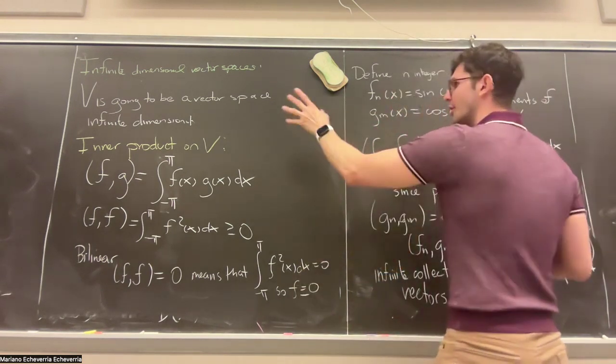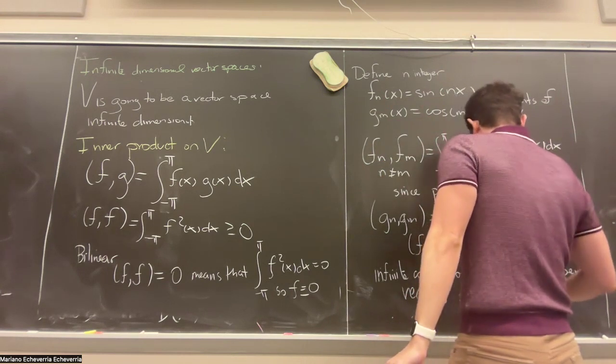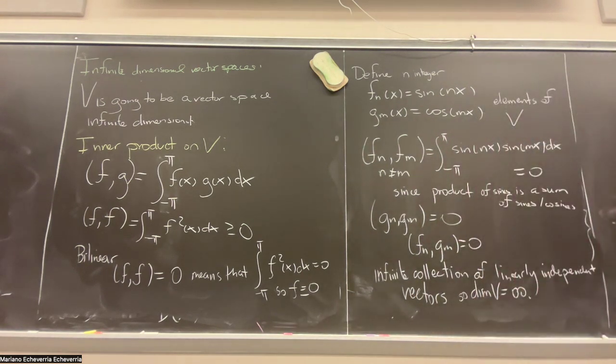So the dimension of B must be infinite. That making sense so far? Some good questions about this.